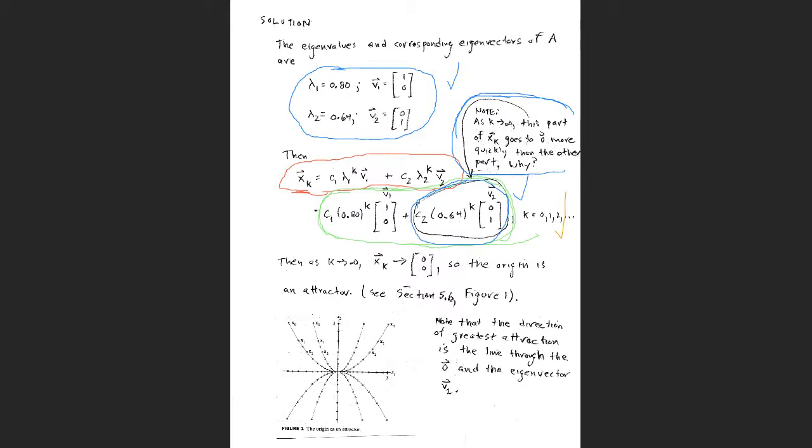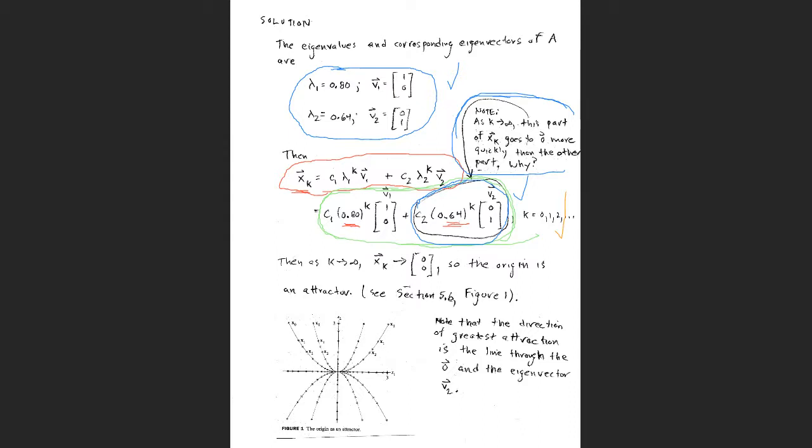So both pieces of this x sub k vector involve 0.80 to the kth power and 0.64 to the kth power. Those are like dampening factors. Those eigenvalues are less than 1.